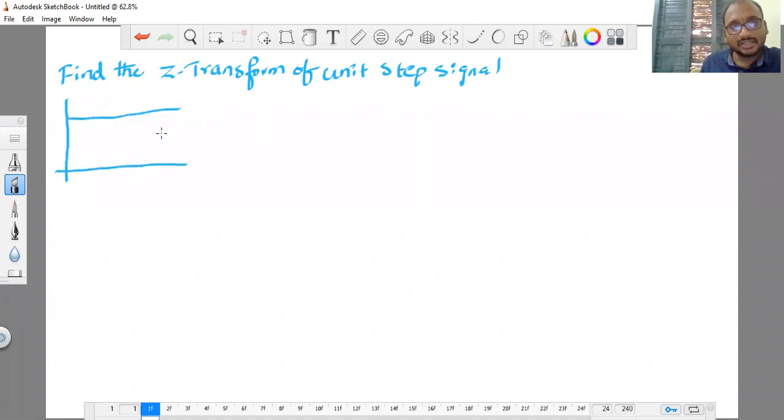This is the unit step signal. With respect to time, the magnitude value is constant from 0 to infinite time period. Let us assume the magnitude value as 1. The unit step signal is always indicated as u_s of t, whose magnitude value is equal to 1 for t greater than or equal to 0.